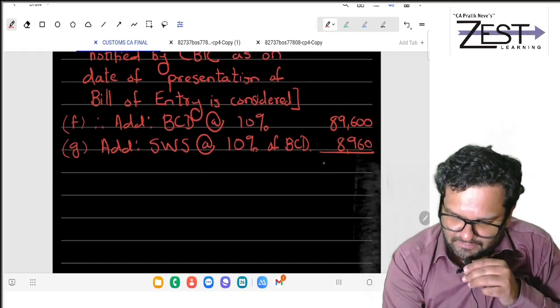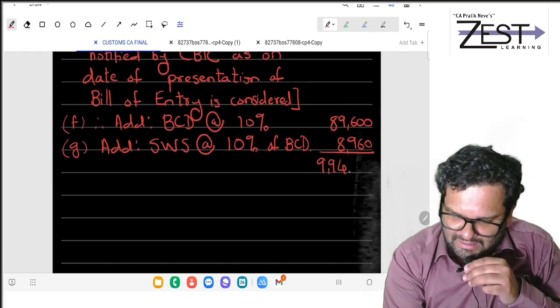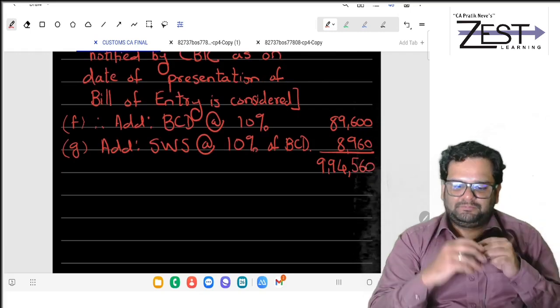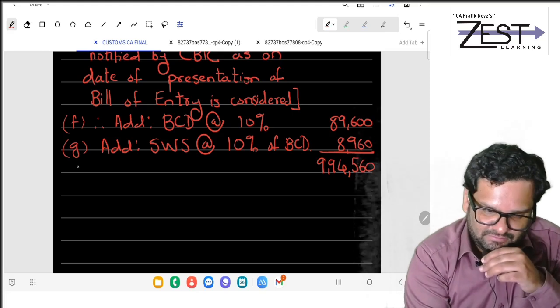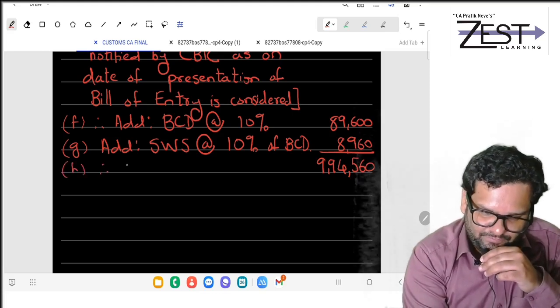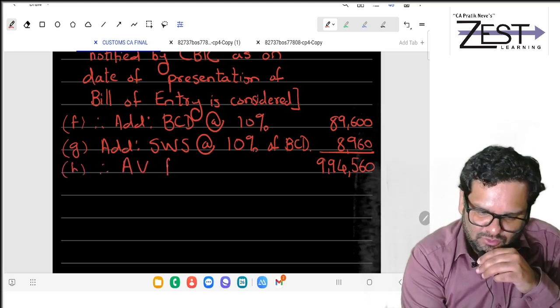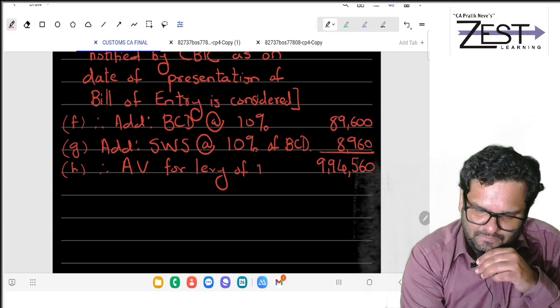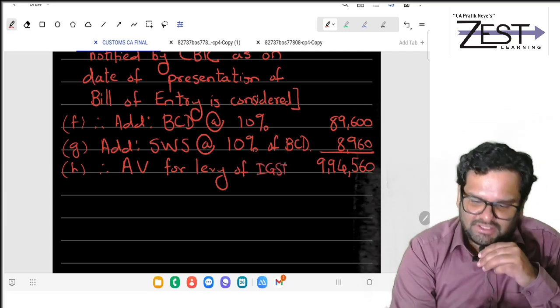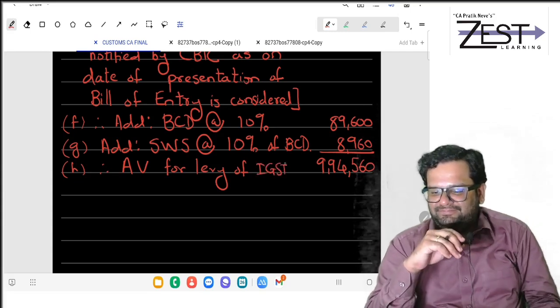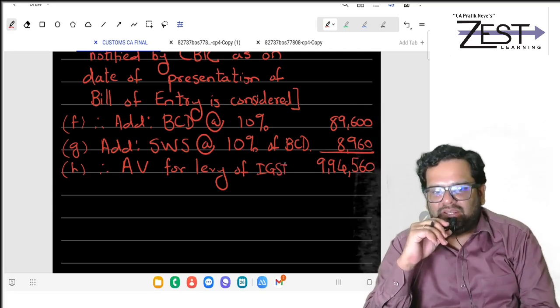Am I getting 9 lakh 94,560? Check. This is your assessable value for levy of IGST. Did you all get it, friends?